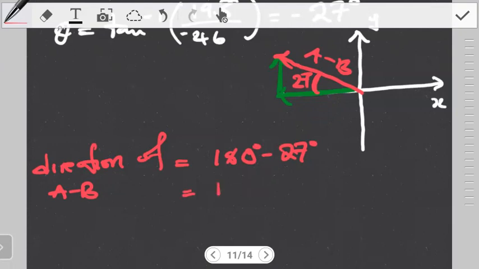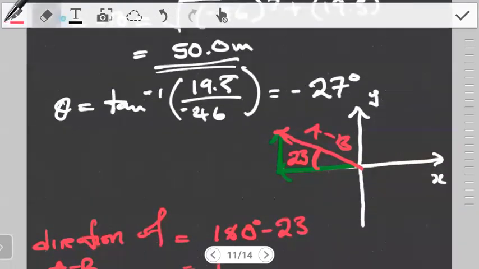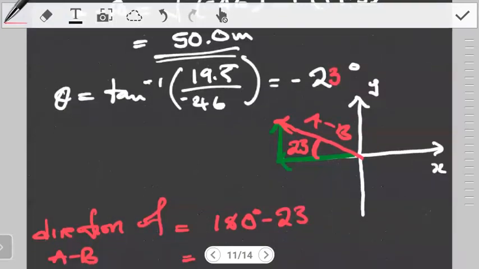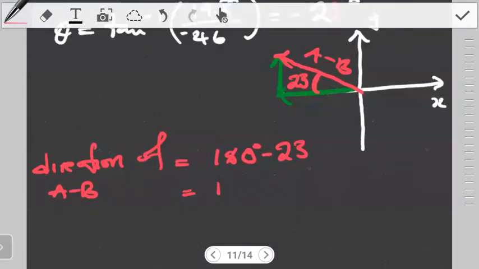This is not 27, sorry, this is 23. So this is not 27, this is 23 degrees. When you make the subtraction here, this comes out as 157 degrees. So this becomes the direction of a minus b.